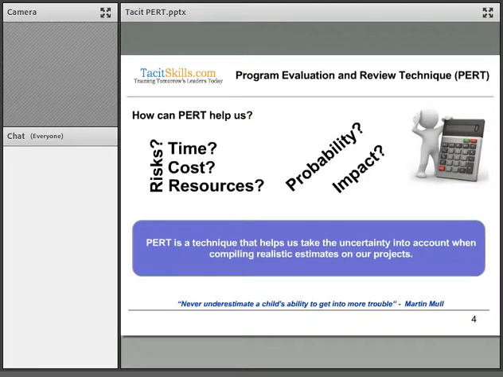Also, when we are looking at our risks, we calculate the probability of the risk happening, and that probability is not something that we can determine with absolute certainty. There's an uncertainty factor in that, as we also have with the impact if that risk occurs on our project. That's also an estimate, so there's uncertainty in that also. And we're going to look at how PERT can help us to combat some of this uncertainty.